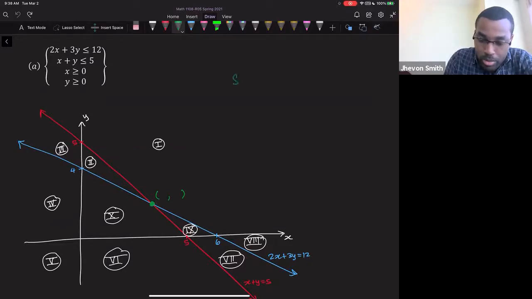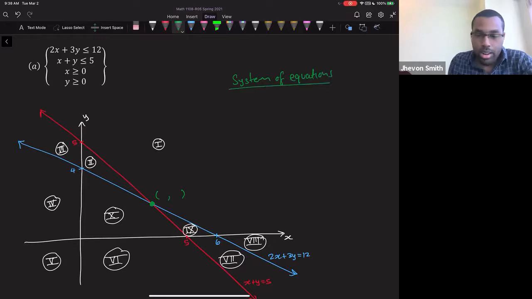You'd set up a system of equations. You look at the two lines that intersect, and you want to find the x and y coordinates that work in both. So I need x plus y equals 5, and at the same time, I need 2x plus 3y to be equal to 12.